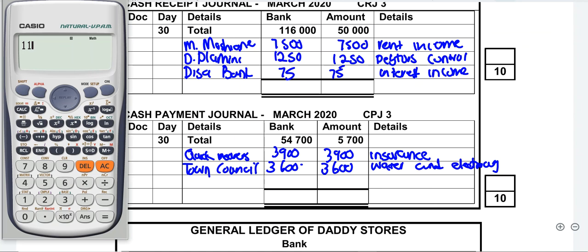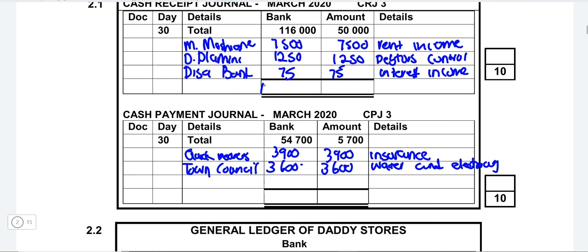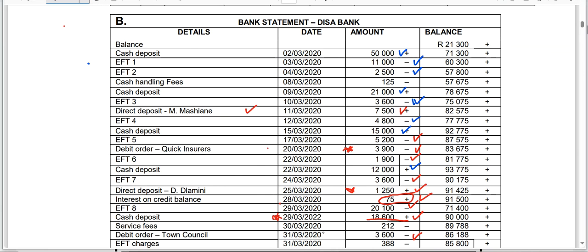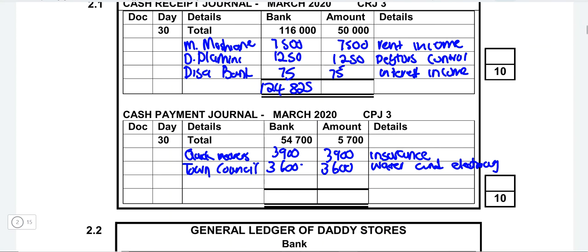We are going to say 116,000 plus 7,500 plus 1,250, and also plus 75 rand, which will give us 124,825. Then we proceed to the sundry side in the answer book.